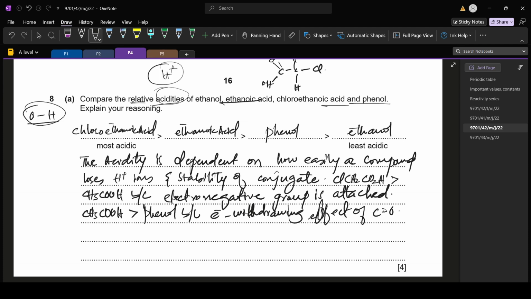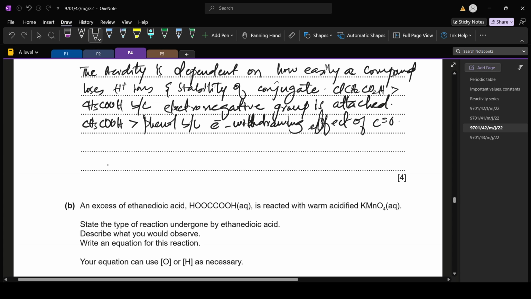And now why phenol is acidic, because in phenol the lone pair on this oxygen is delocalized into the ring, so it will take electrons from the hydrogen, so the OH bond will be weakened.